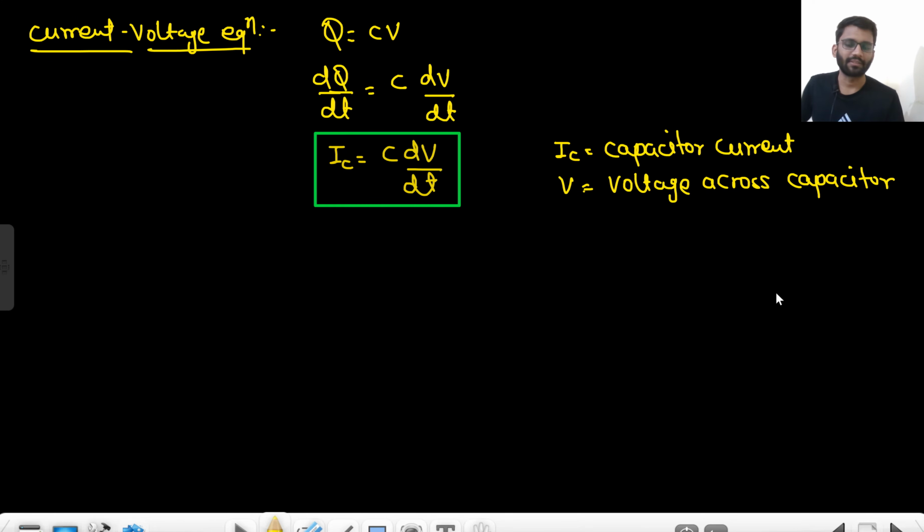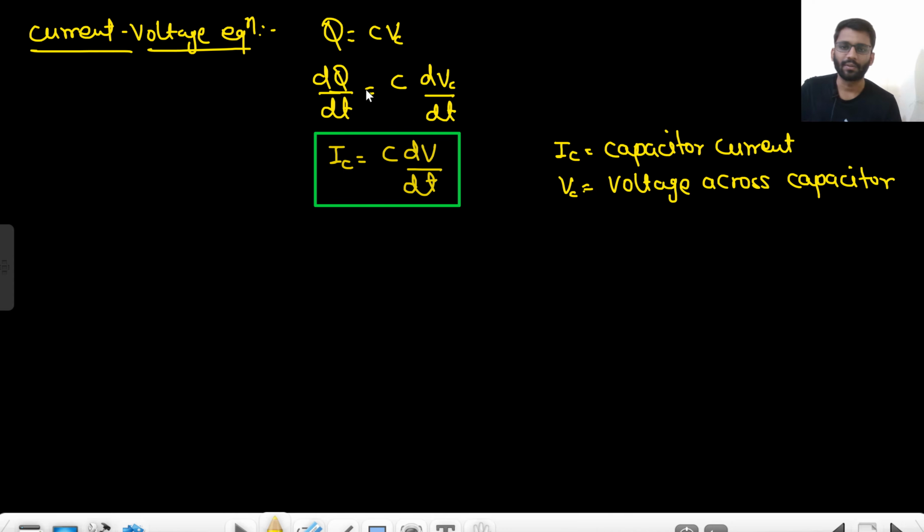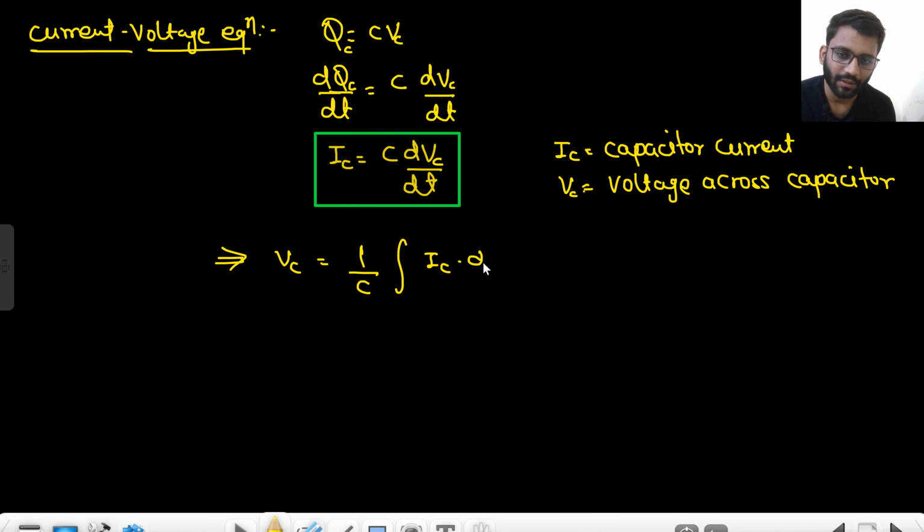Vc is the voltage across the capacitor, and I can write Qc as well, the accumulated charge on capacitor. So IC is basically equal to C dVc by dt. And if you need to write the expression of Vc, how will you write it? Vc will be equal to 1 by C integration IC dt from minus infinity to some time t.